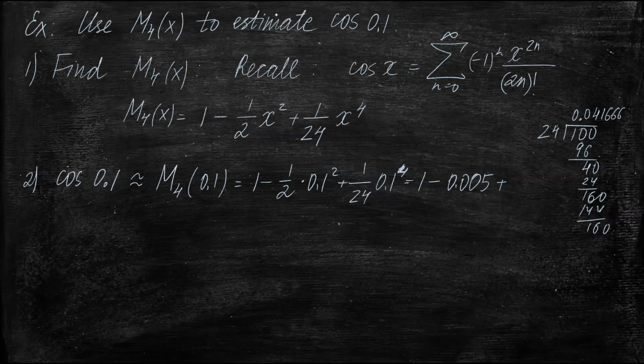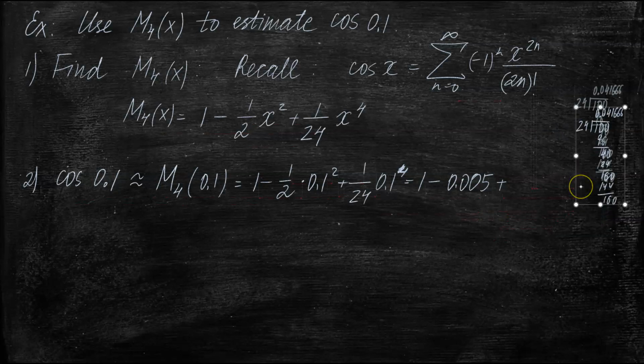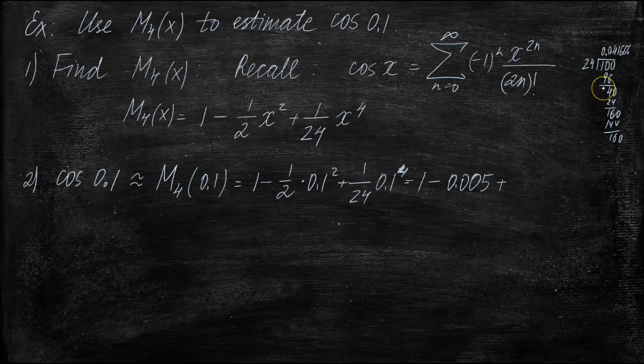Again, I'm just demonstrating the spirit of not using a calculator here, because if we had a calculator, then we could just find cosine of 0.1. So this becomes 0.04166, but we're going to move the decimal 4 places over, so we're going to have 5 zeros here, 4, 1, 6, and we can round it to 7 here.